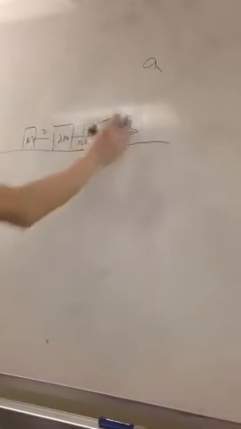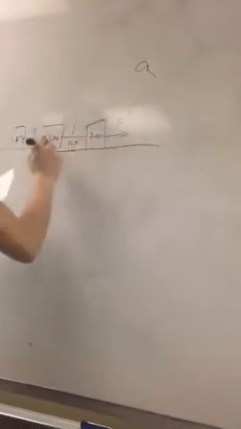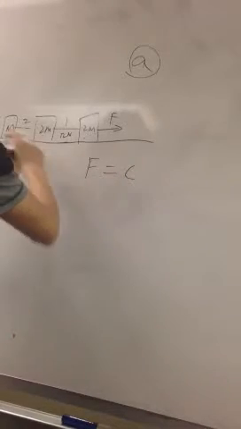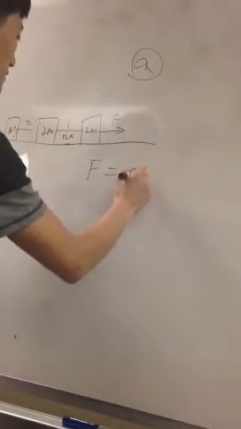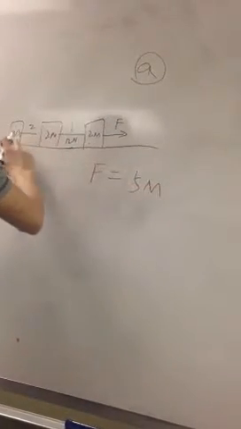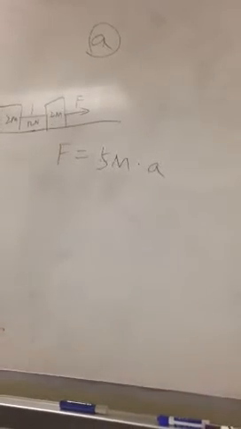Okay. So the F is acting on everything, right? And the common thing is every object here has the same acceleration, A. So F is all the M, if you add them together, is 5M, right? 2M plus 2M plus 1M times A. We can get this.